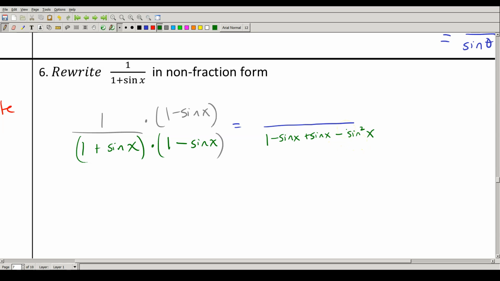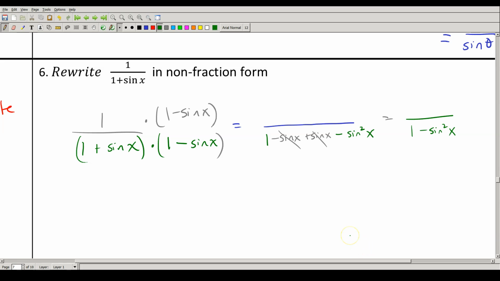So you multiply that out. Now it's always going to happen where some of these terms cancel off. Minus sine plus sine is going to go away because that equals 0. So what are we left with on the bottom? We're left with 1 minus sine squared x.